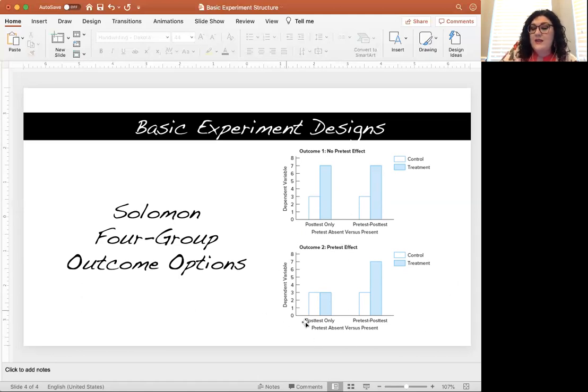This is the other option of an outcome. This would tell us that there is a pretest effect. So perhaps we did this and we got the results back, and it said, okay, for those who got the post-test only, both groups, their anxiety levels were the same. The psychoeducation class didn't really increase anxiety in the treatment group. So learning about what could go wrong during pregnancy may be empowering, not scary, not anxiety producing.